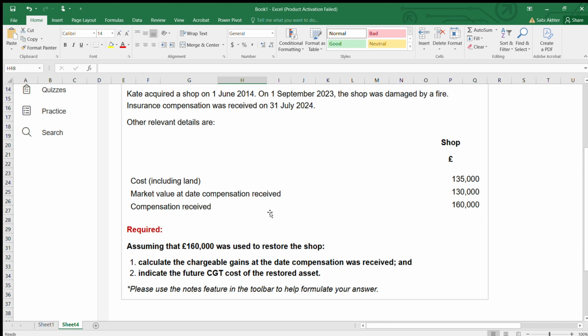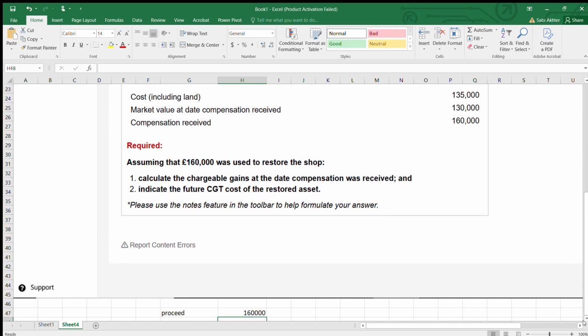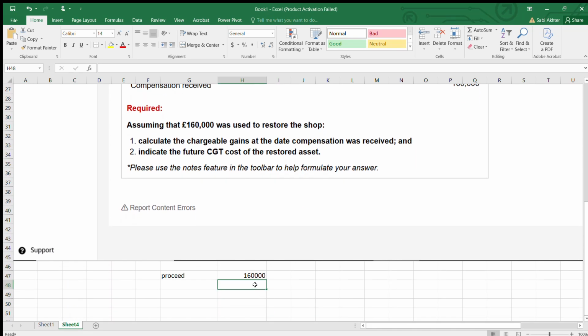You are using 160 to restore the shop. Entire insurance proceed has been reinvested to restore. So the entire amount, so your rollover relief is 160. Rolled over relief. So here you have zero. Nothing is taxed. No gain, no loss.